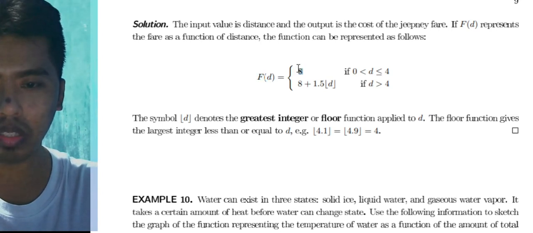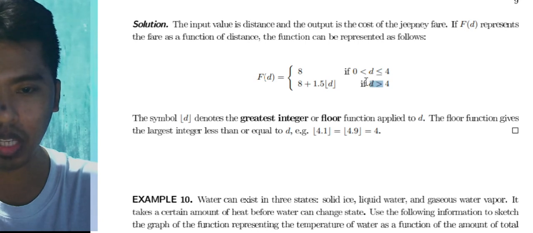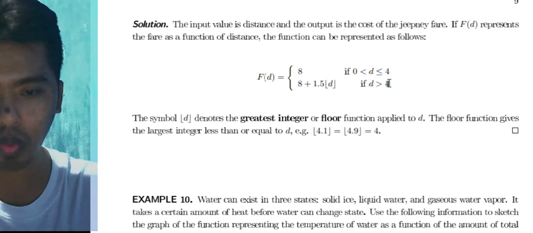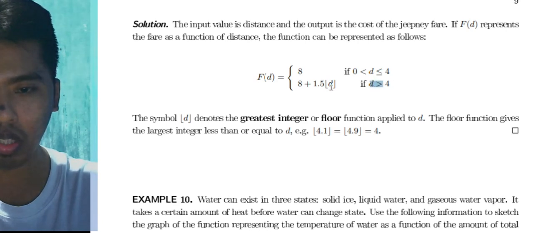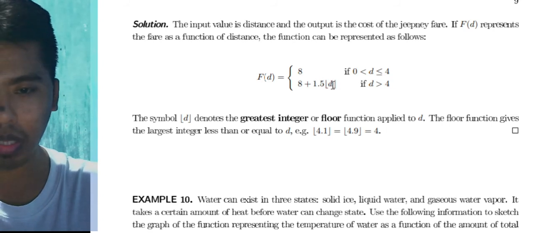Now for the 8 pesos fare, the distance should be between 0 and less than or equal to 4 only. Now if d is greater than 4, let's just say 5, then you add 1.5 times the excess of d.